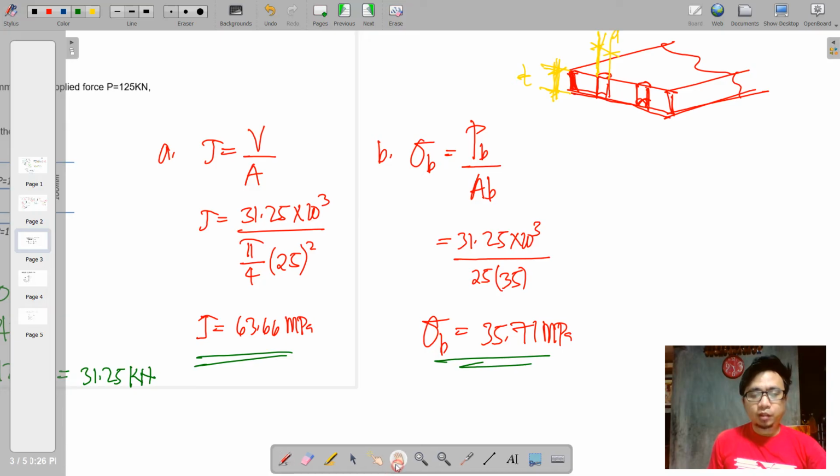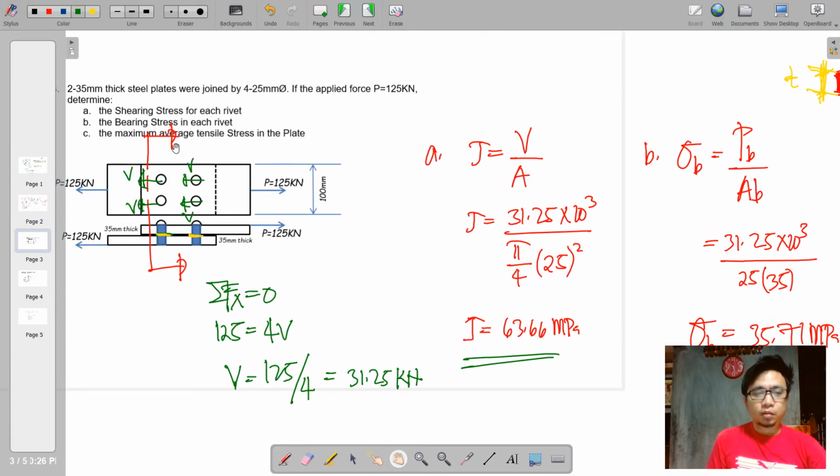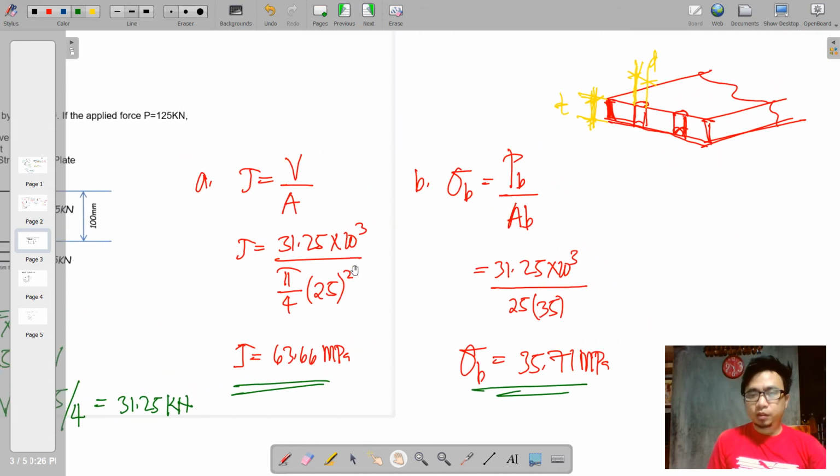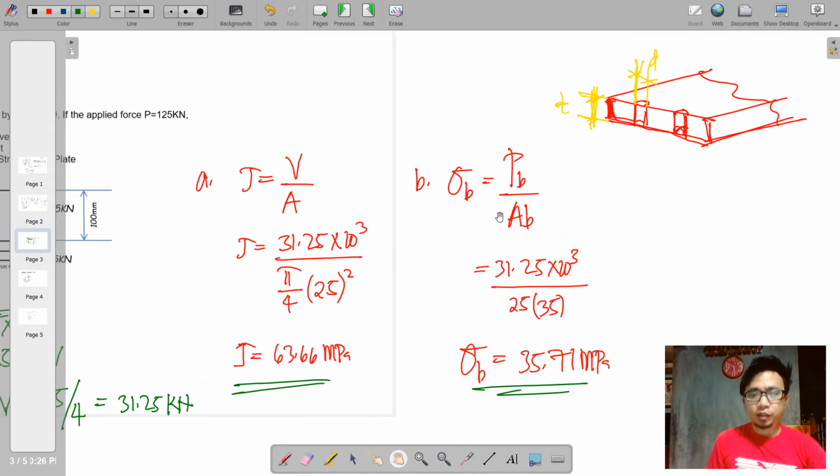So for the third unknown, what is the maximum average tensile stress in the plate? Of course, we are going to consider the reduced area. Okay, why reduced? Because some of the area was occupied by the rivet.